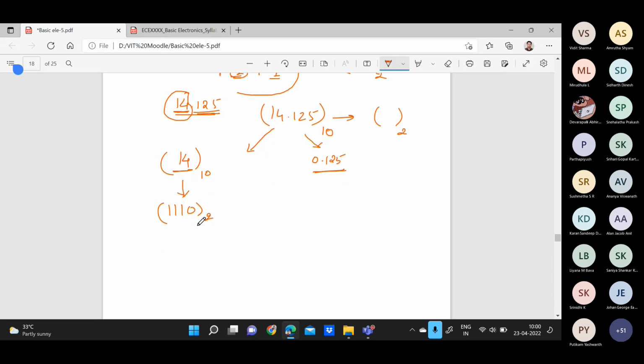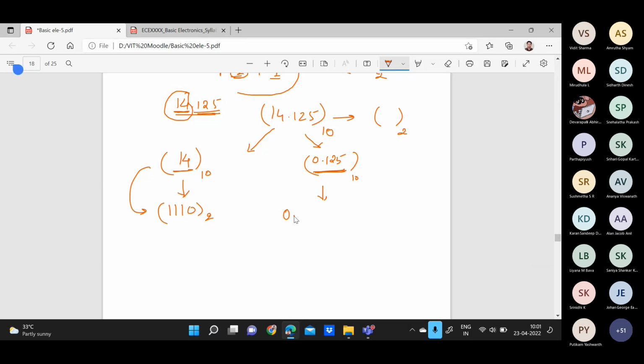So we have already seen that if you have an integer number to convert into binary form, just divide it by 2 and check the remainder. If you have a decimal fraction and need to convert it into binary form, how do we do it? What does the procedure say?